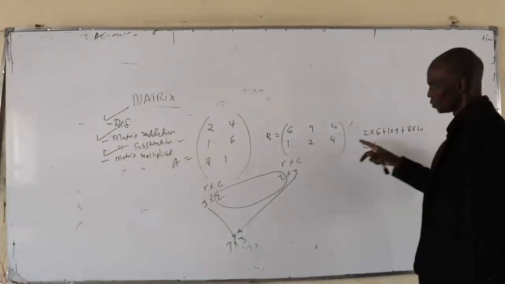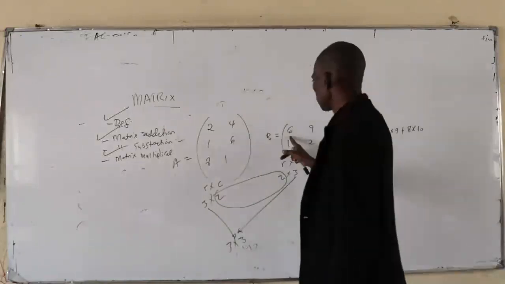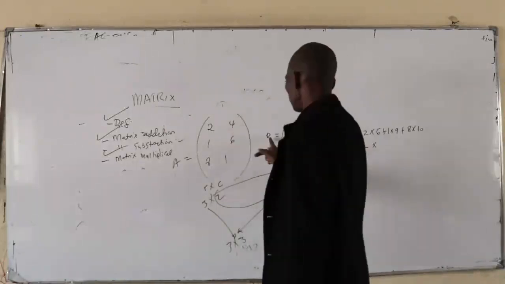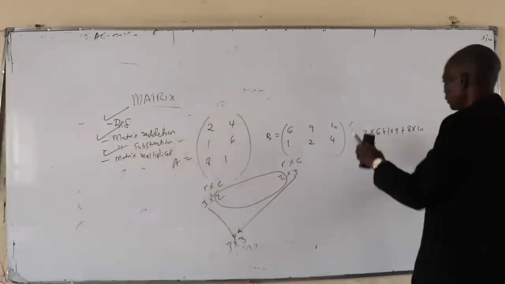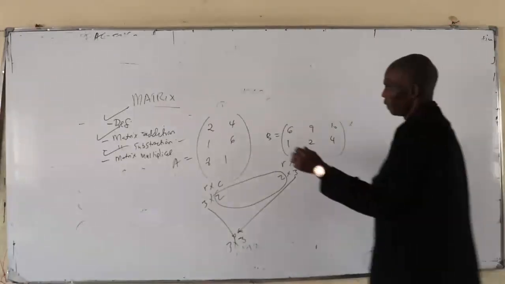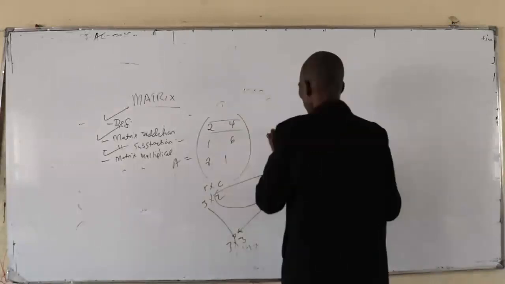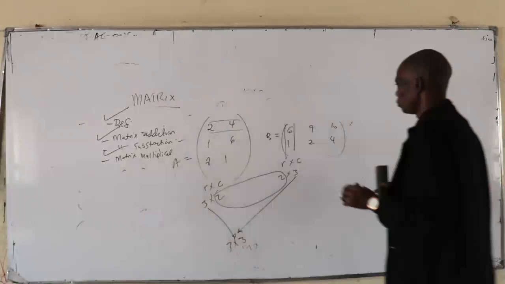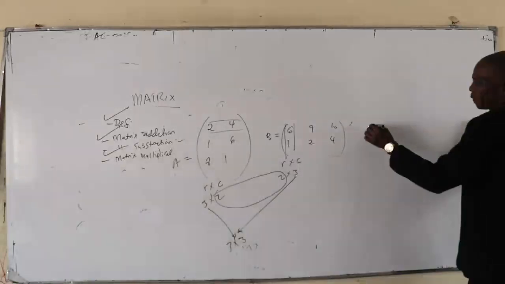So 2 times 6 plus. So we have messed up. It's not that way. I think we have made a mistake. This one should be multiplied by that. So it should be A times B.